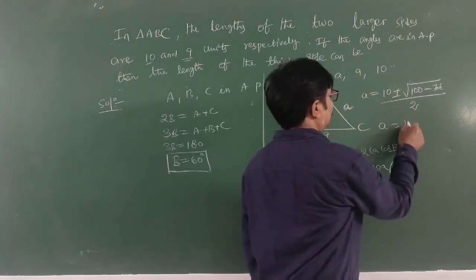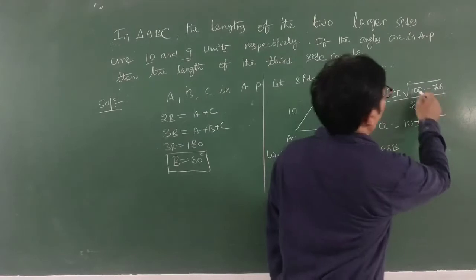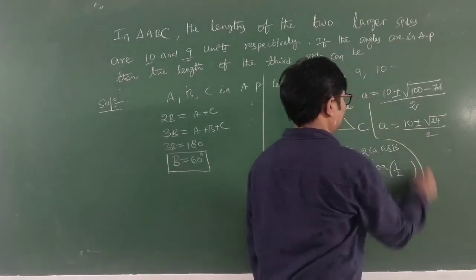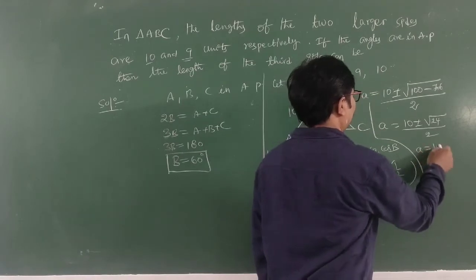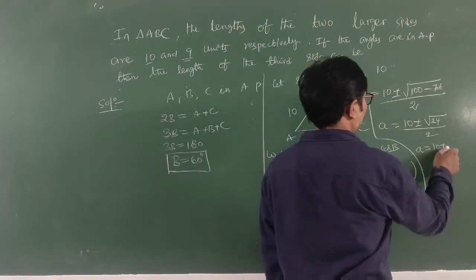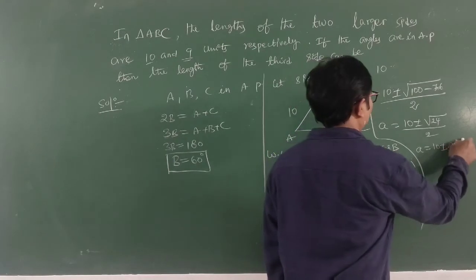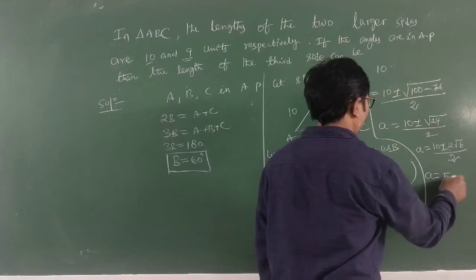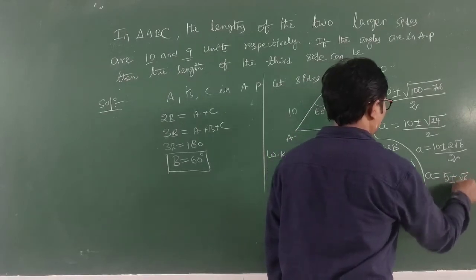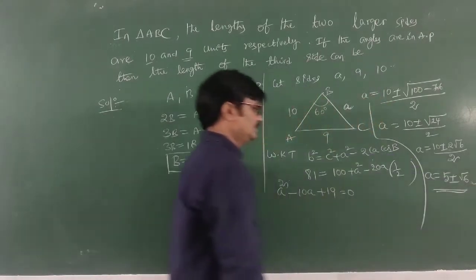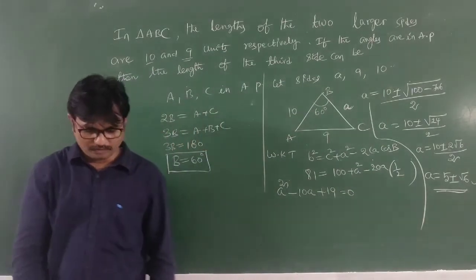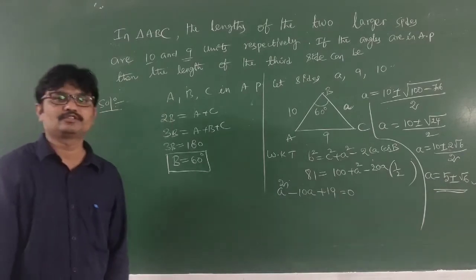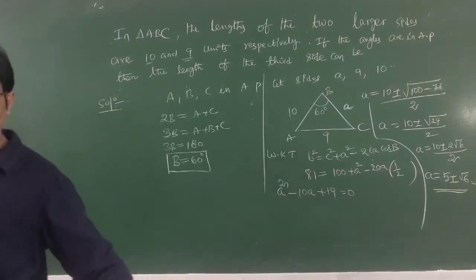So this is 10 plus or minus root of 100 minus 76, which is 24, by 2. So the least side is 10 plus or minus 2 root 6 upon 2, so 5 plus or minus root 6 is the value of small a. Okay students, this is the first one. Write down.